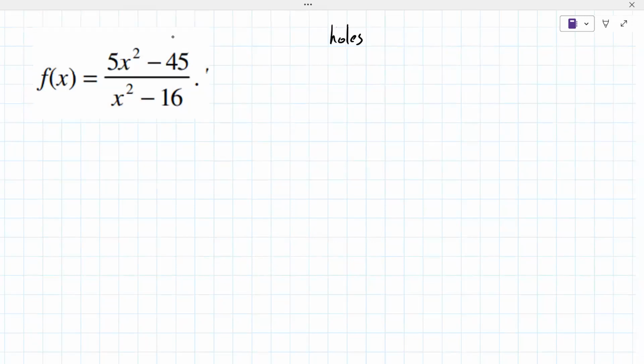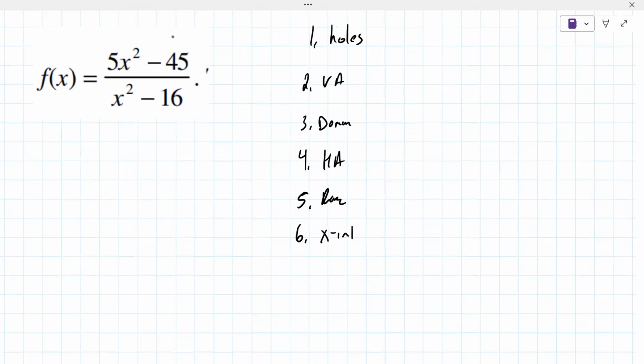Holes, vertical asymptote, domain, horizontal asymptote, range, x-intercept, and y-intercept. So you do have to factor first though.